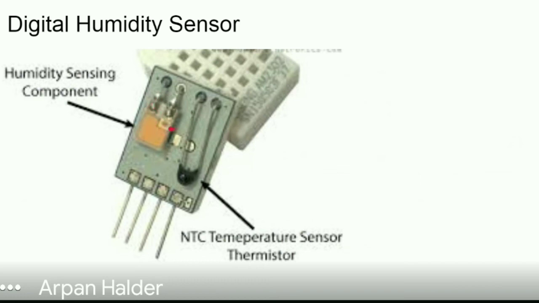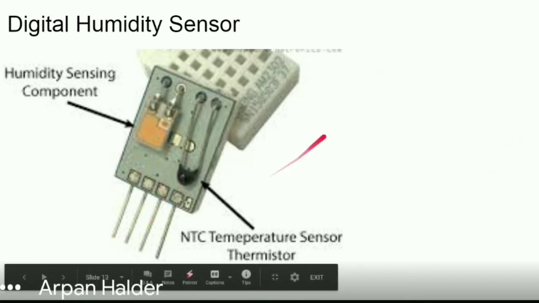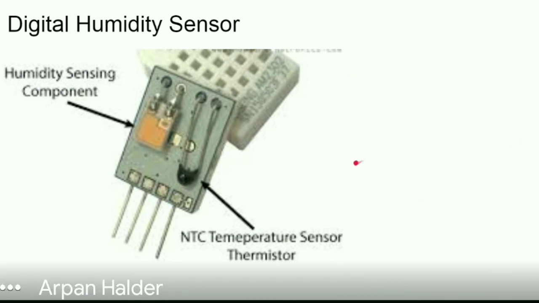That change in capacitance is measured by analog circuitry here, which is then converted to a digital one-wire signal, and then measured through our microcontroller. This sensor generally comes enclosed in this kind of casing. This one is a plastic casing that encapsulates this portion.